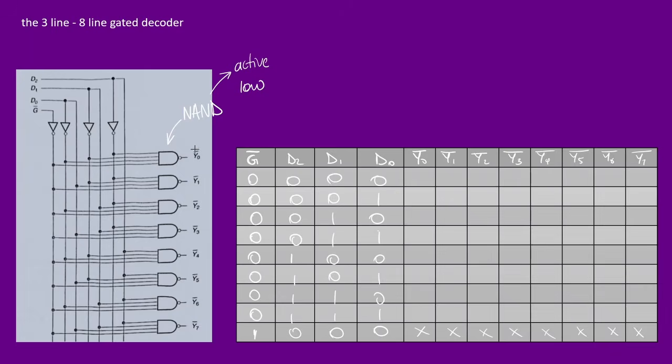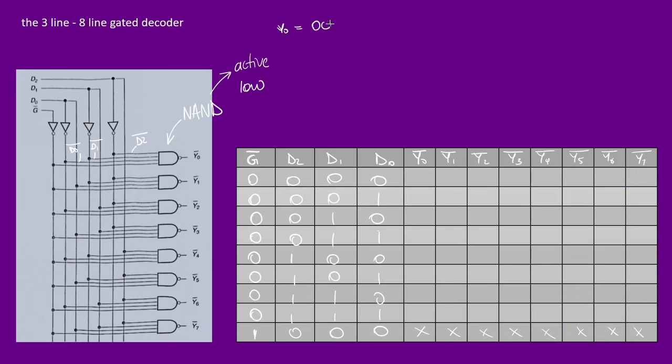Then for y0, this is hooked up to D2, so this is not D2. This is not D1, and this is not D0. Meaning that for y0 it is going to be 1, 0, 0, 0.